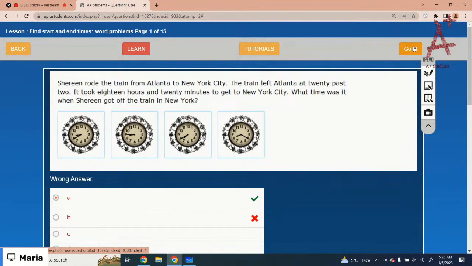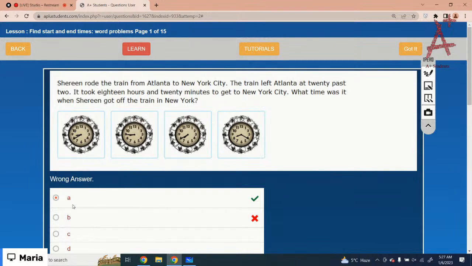40 minutes and 20 minutes, 20 past 2. Wait, let me just see. 2:20, it would be 45. 20, oh, it is 20.